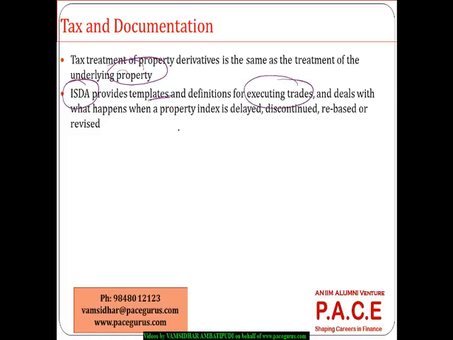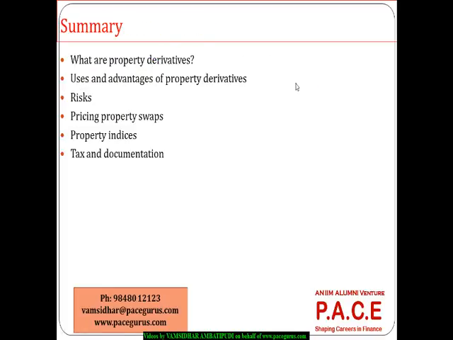So a lot of things are included in it. Some of the key things like, what if the property index is delayed? In case the property index is not published on time, how are the cash flows exchanged? If a particular property index is discontinued, now what would be the new base? All these things are discussed quite comfortably as a part of that ISDA master agreement.